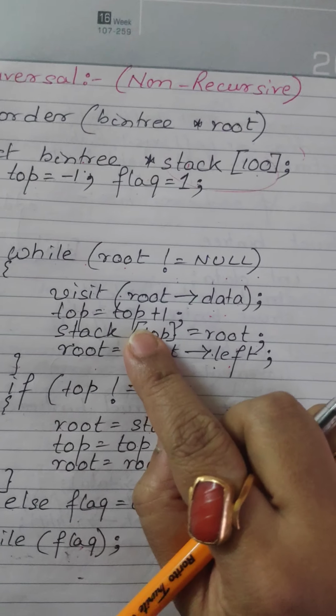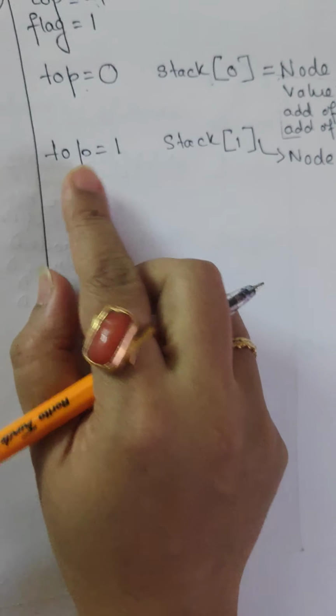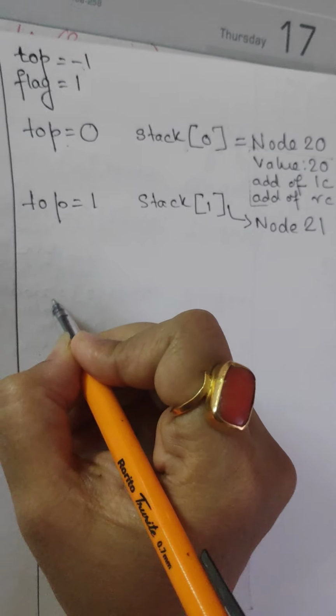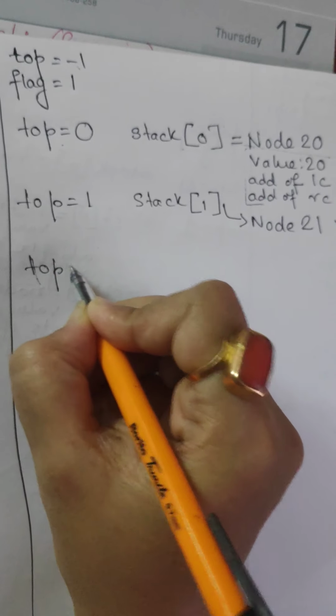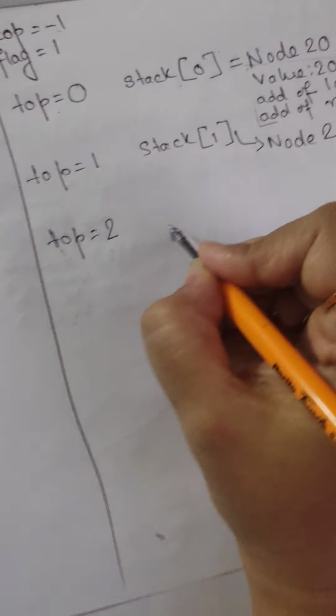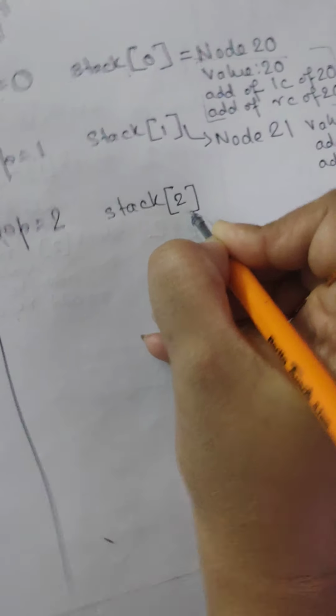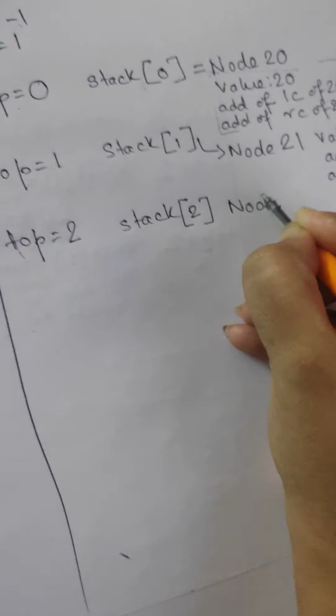After that top is equals to top plus 1. So the top value over here is 1, so top value becomes 2. And what do you do over here? Stack top is equals to root. So in stack top, that is in stack 2, you store the node 24.